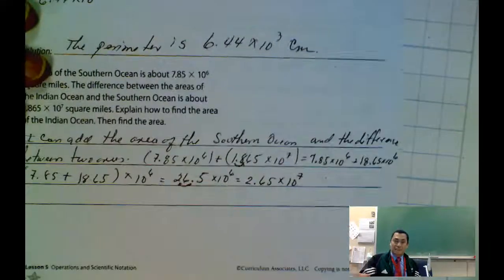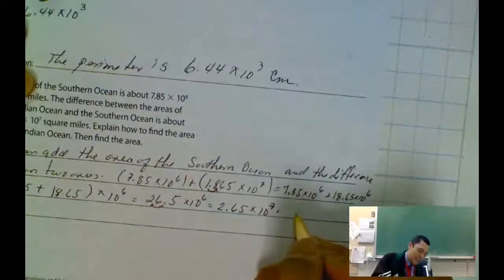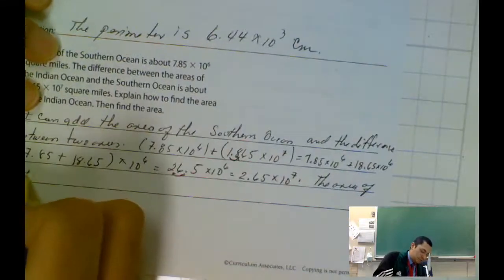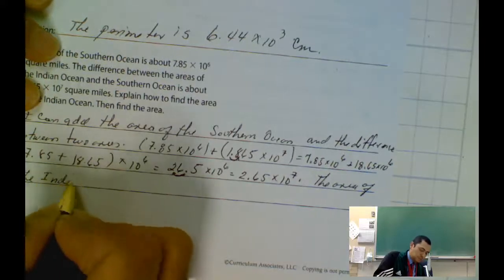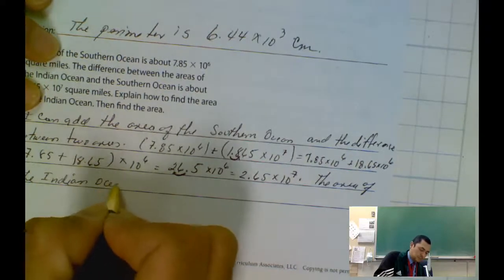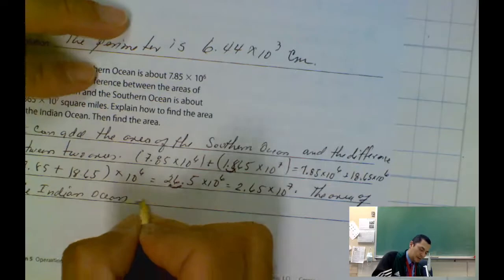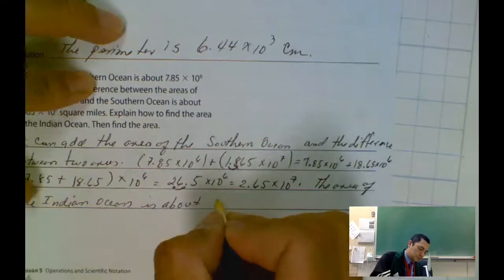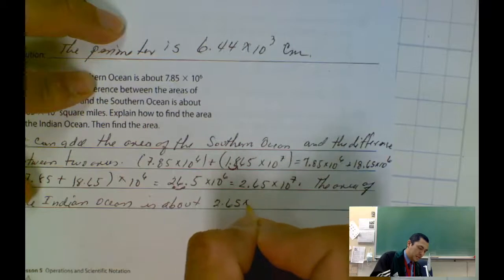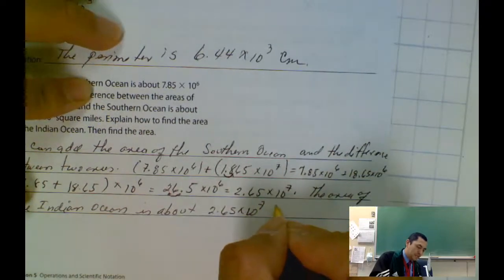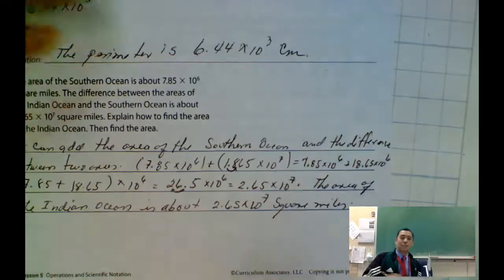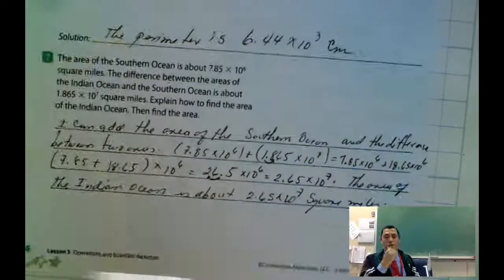So in this case, the area of the Indian Ocean is about 2.65 times 10 to the 7 square miles. And that's the homework for today.